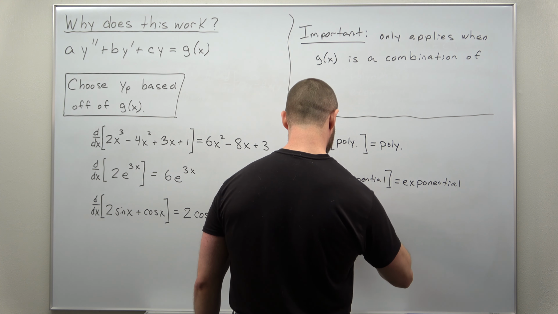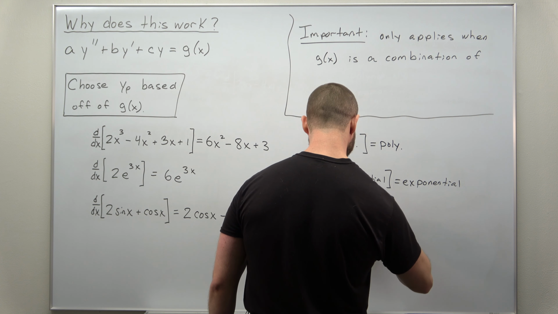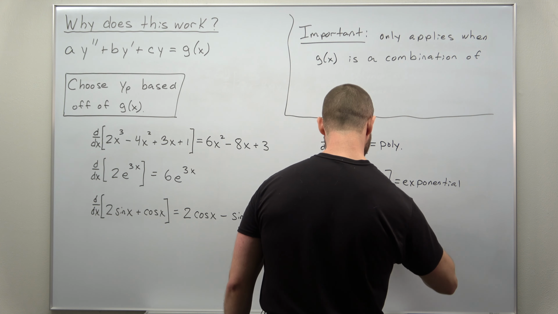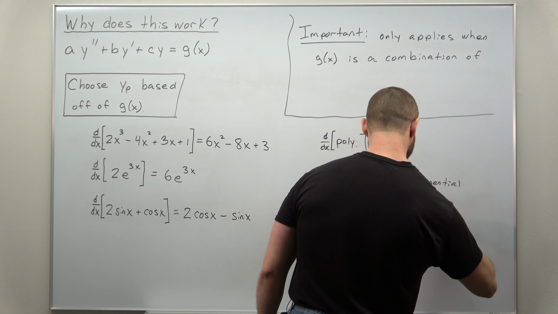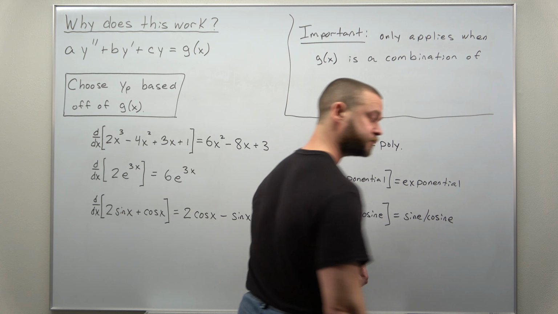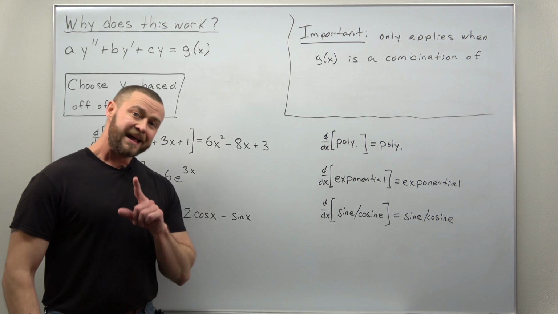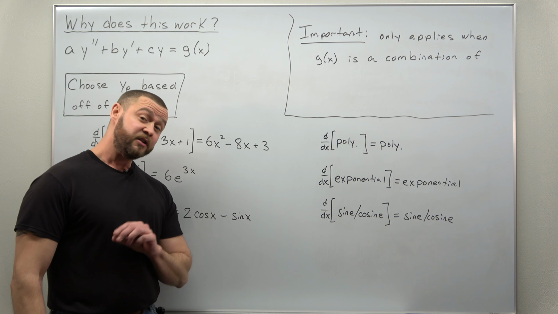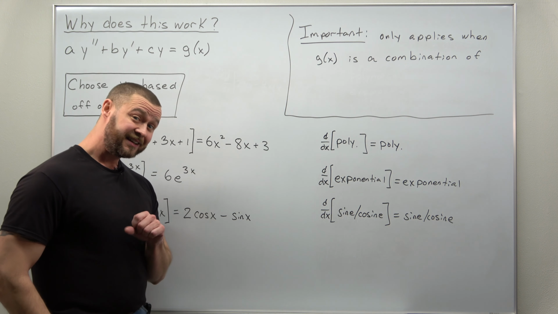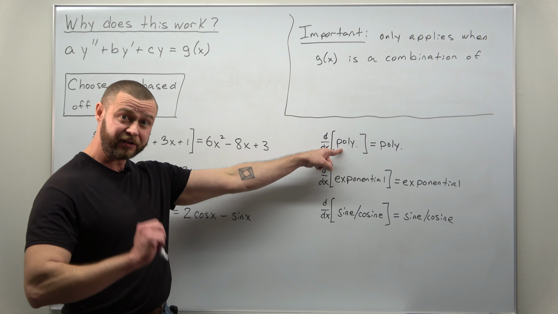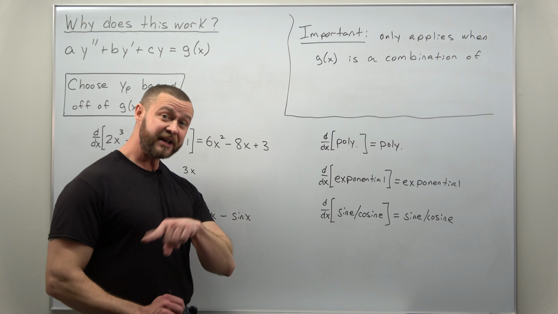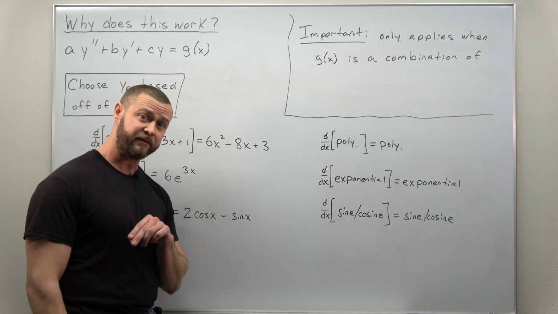And we're going to write that as the derivative of a sine or cosine or combination thereof differentiates to the same thing. And notice here, the generalized properties, they all have the same form where we differentiate a type of function and we get the same type of function back for the derivative.